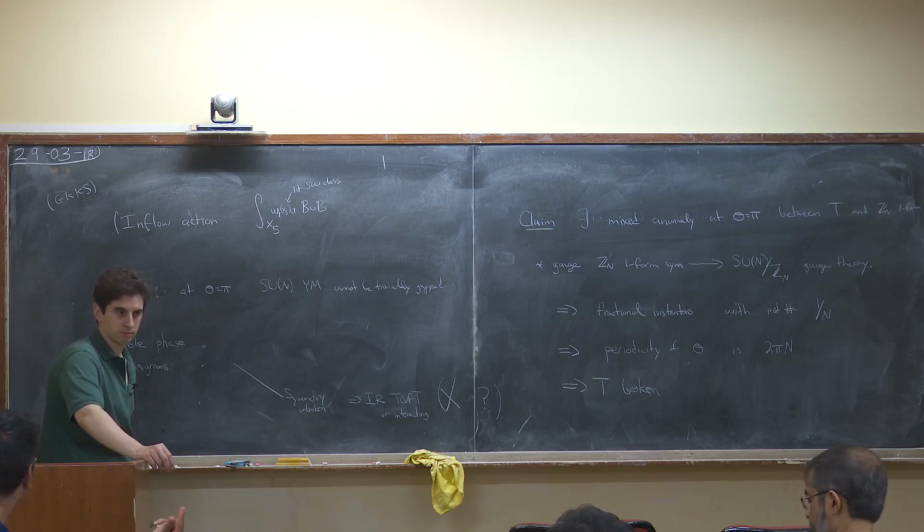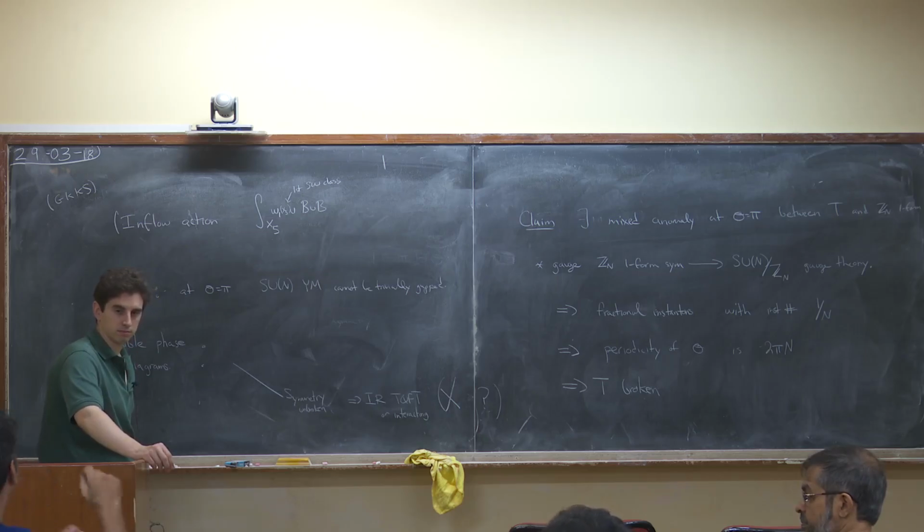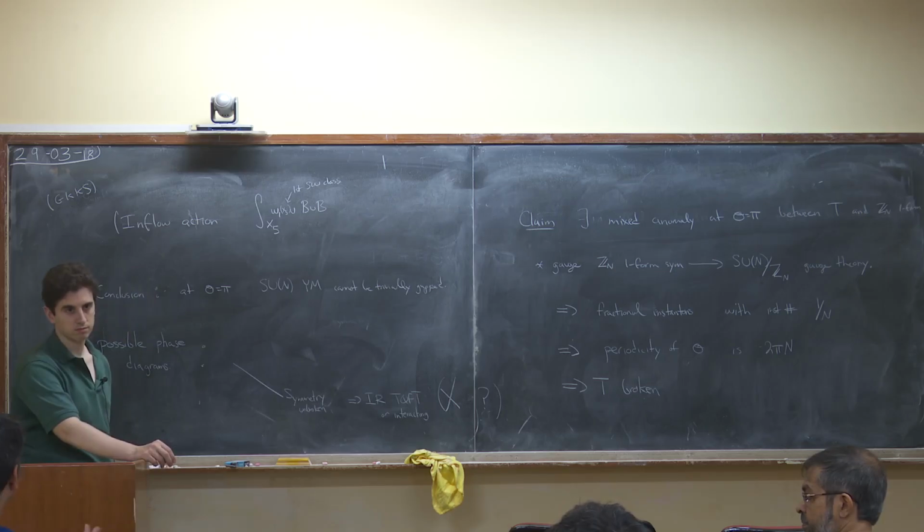However, that seems to be in conflict with the fact that theta is periodic with 2 pi. When theta changes by 2 pi, theta by n changes by almost nothing. How can you have something that's periodic with 2 pi and yet depends on theta by n?